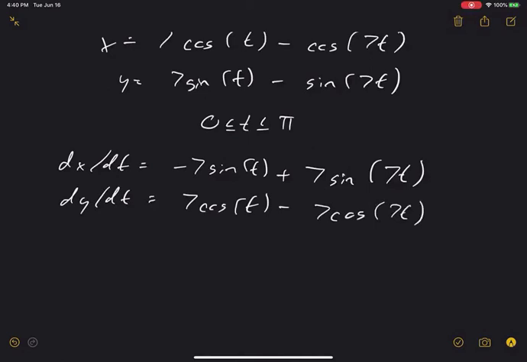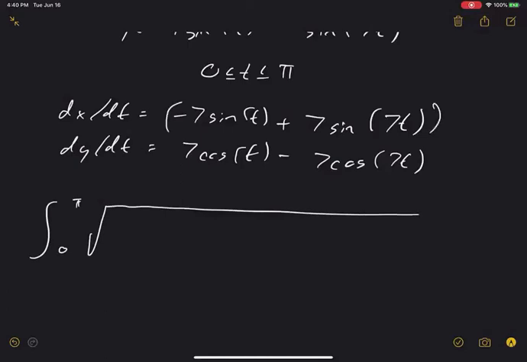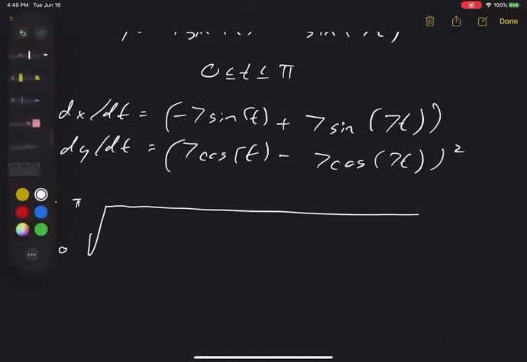So these are my dx dt and dy dt. I plug them into my formula, and I get something kind of complicated. Oh, and I need to square these, right? So before we even plug them in, let's square them.